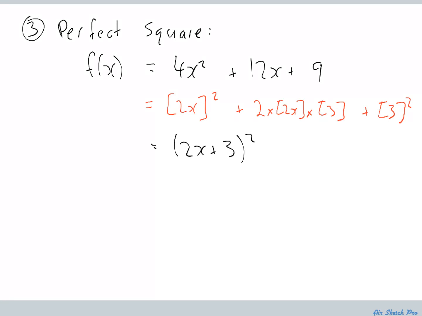So if all else fails in a factorisation step, then you would do a trinomial factorisation. A trinomial factorisation.